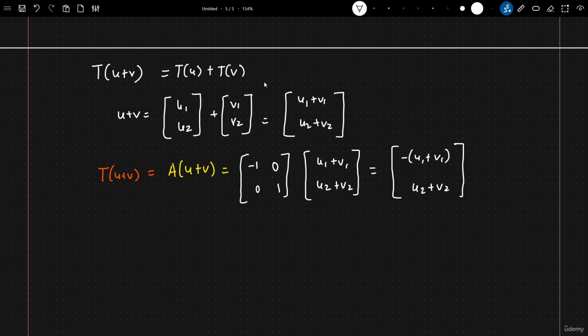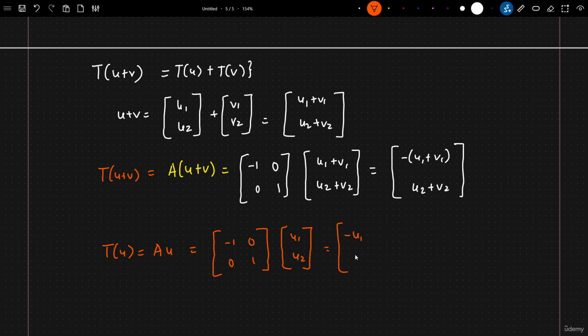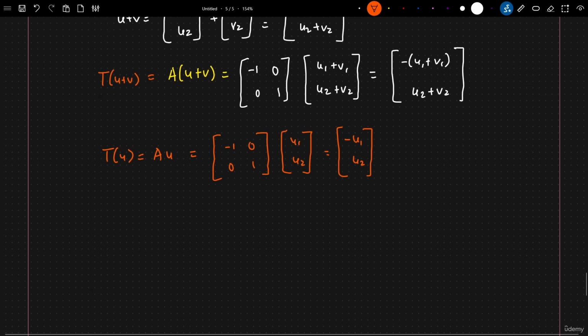Now we need to check whether this is equal to this. So now let's calculate transformation of u. Transformation of u is nothing but we multiply A with u. So I'm going to get [-1, 0; 0, 1] and then you have u1, u2. If I do the calculation, it is nothing but minus u1, u2. Again a dot product.